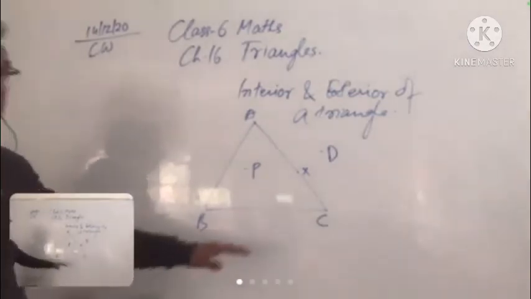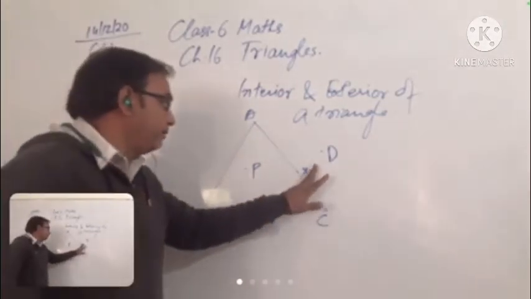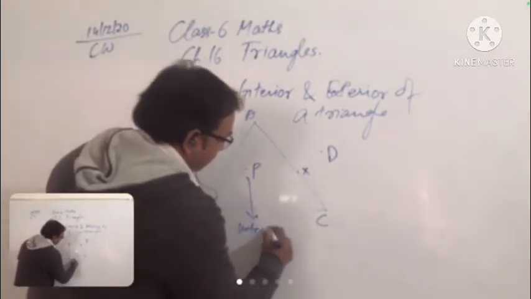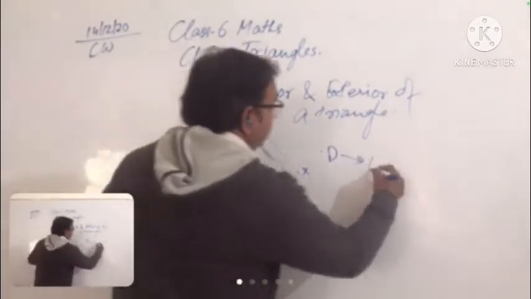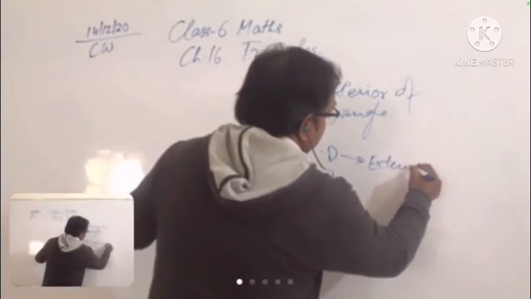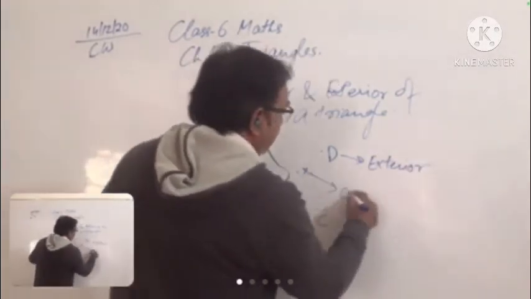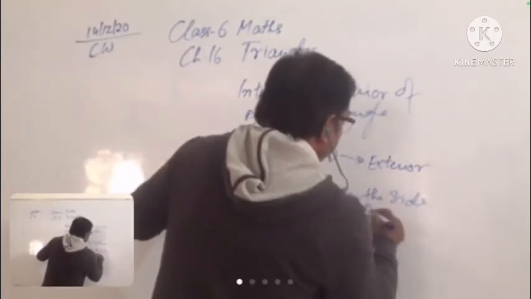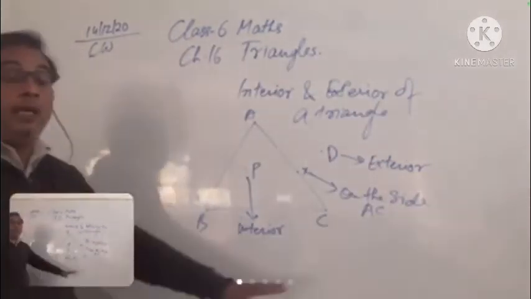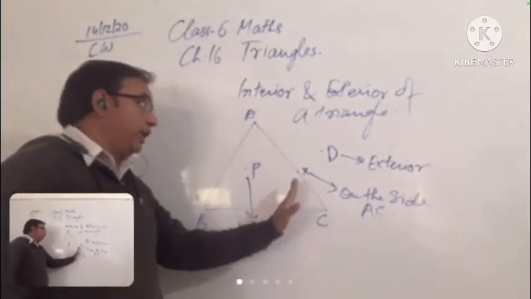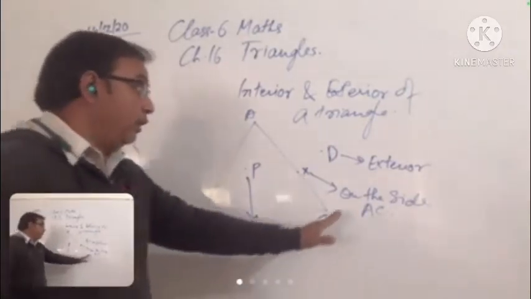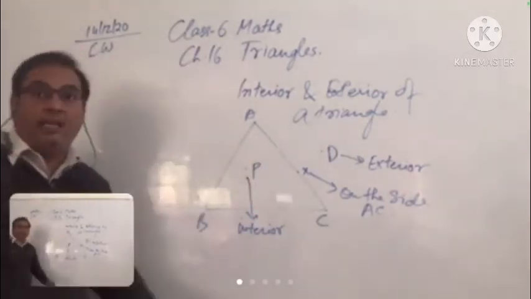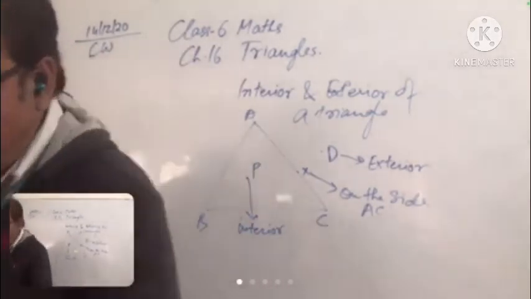Now there is one more point X, but this point is on AC. It means X is a point on AC. This is on the triangle, on the side AC. On the side AC means this point lies on the side AC, and this is basically called on the triangle.